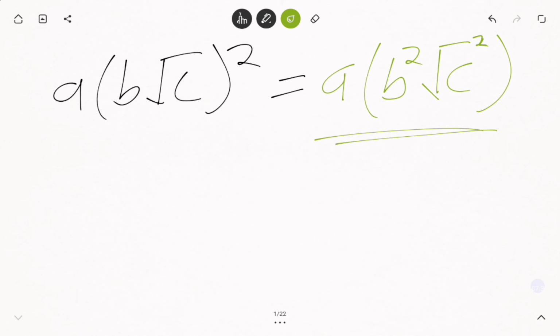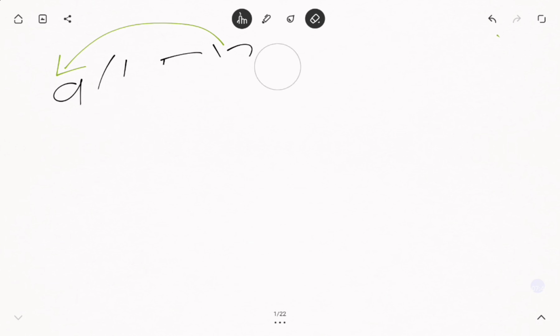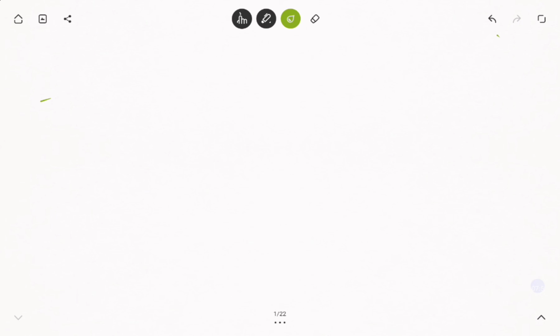Note that the square is not affecting the a because it is not in the bracket. So let's have a very simple example to actually appreciate the example that I just explained here. Let's say we have 2 into bracket 4 root 2 squared.